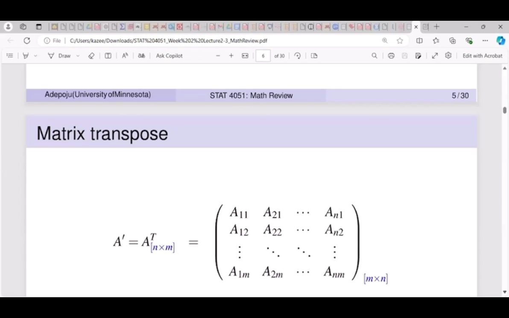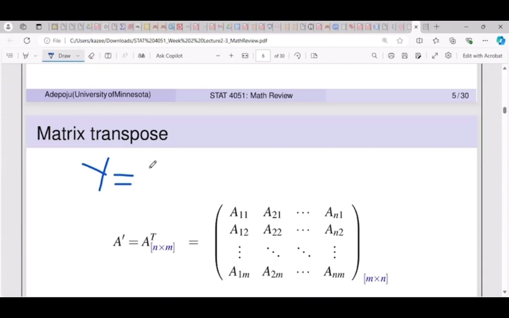We've got a reason why we do transpose. Let me tell you this. I'm going to write this for you. If I have y equals X beta plus the error, this is a specification of a linear regression model.